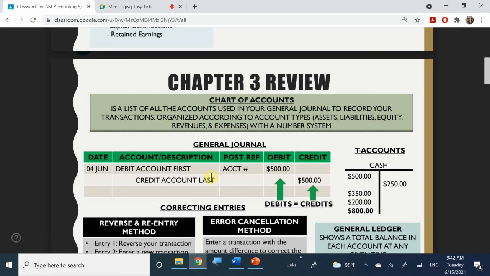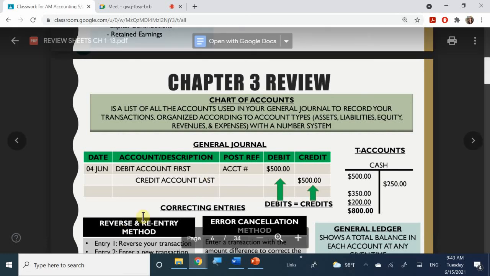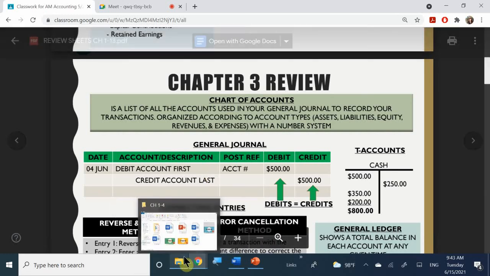I can also ask you to do sales returns and allowances, purchase returns and allowances, and I could test you on the net and the gross method on both purchase and sales discounts. There's not much to explain other than know how to journalize. So let's go over chapter 3 real quick.